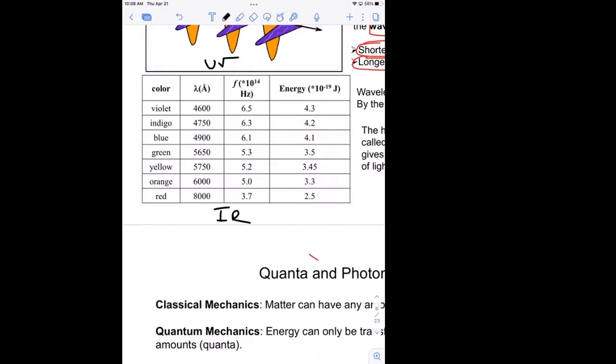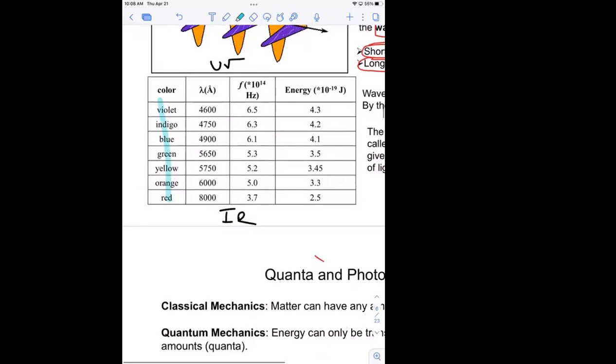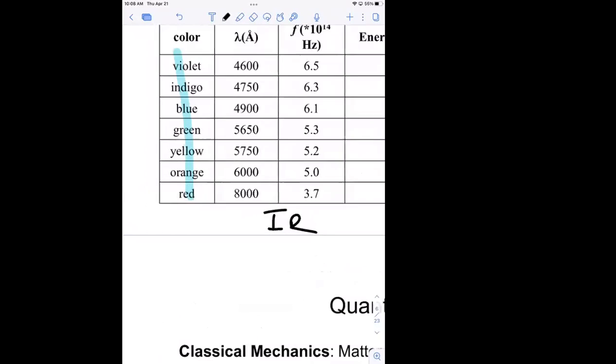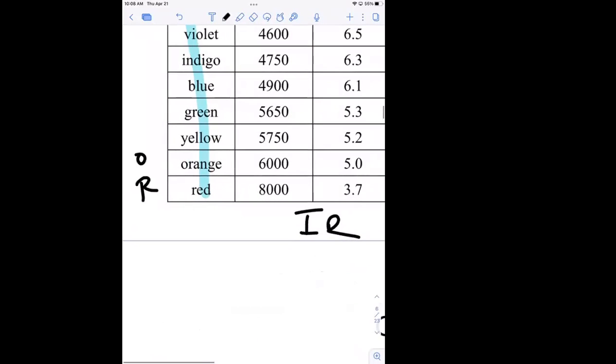So you can see here, this is the spectrum that you learned in grade school, right? Roy G. Biv, if you remember that. Those are the colors of the spectrum. So red, orange, yellow, green, blue, indigo, and violet.